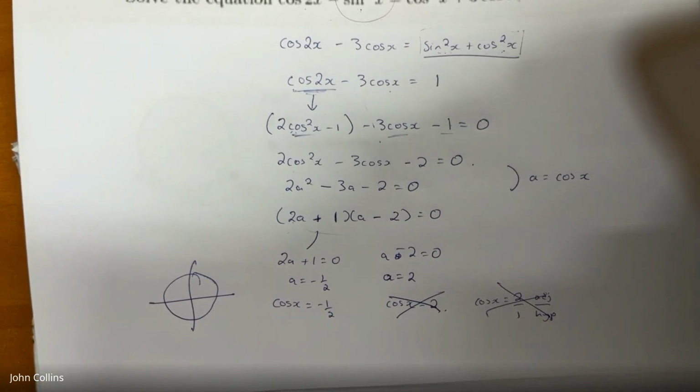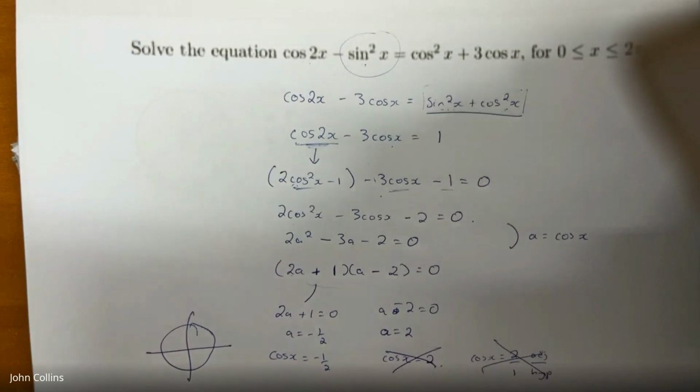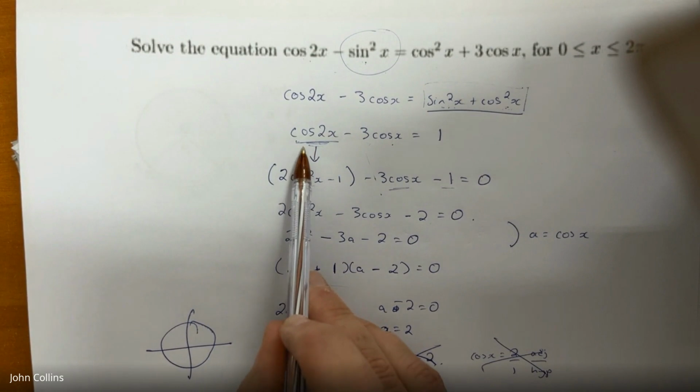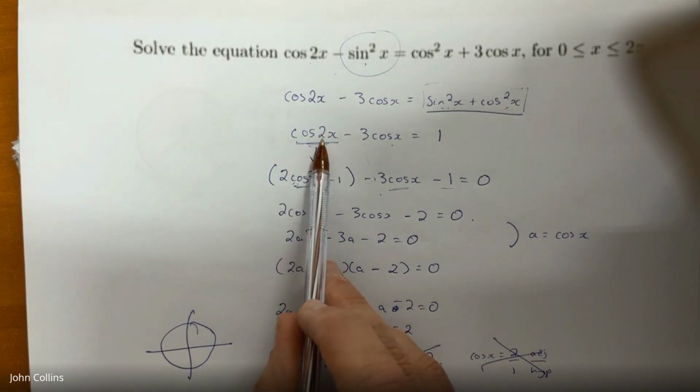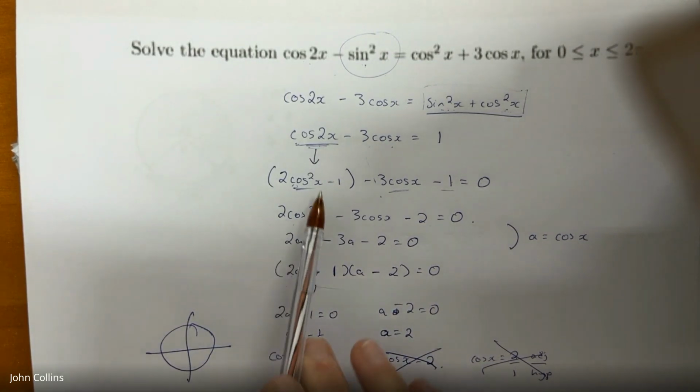Go back up? Can you explain why you turned cos 2x into 2 cos squared x minus 1? Yeah, it's an identity. The double angle identities are in your formula sheet. Every time you see a cos 2x or a sin 2x, you go to those double angle identities and use one of them. There are 4. Use one of them to suit the question.